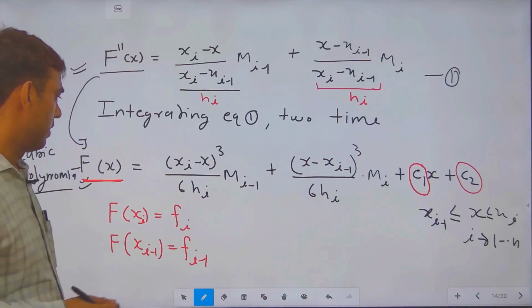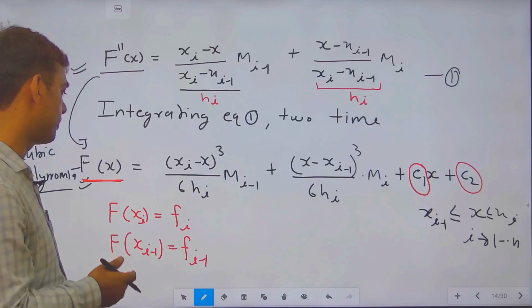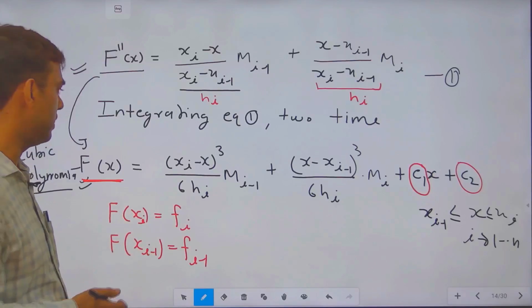Then we solve those equations to find the values of c1 and c2.